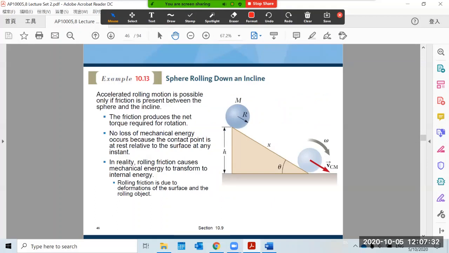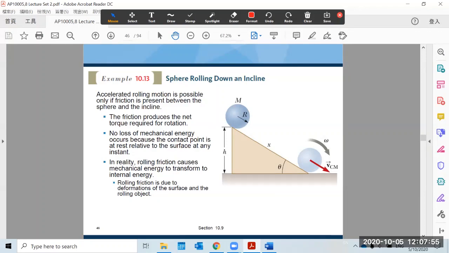Okay, now let us come back to the last example in unit 10, and that is concerning the rolling of a sphere down an inclined plane.